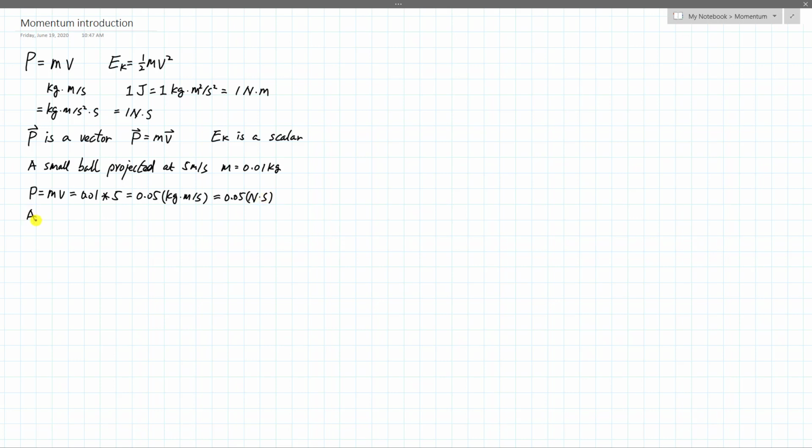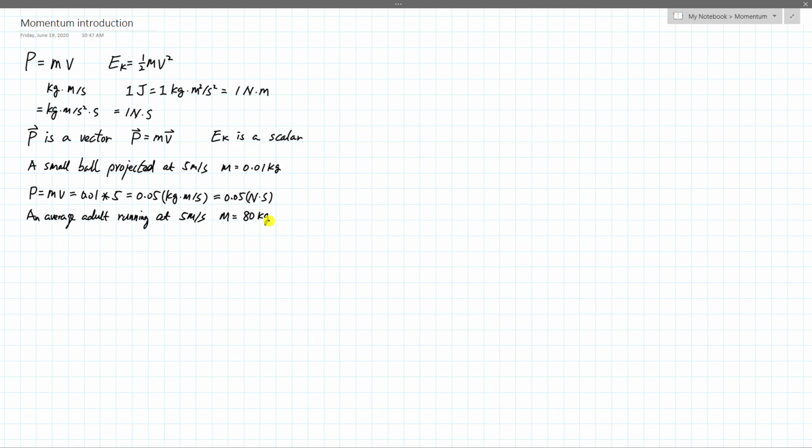Okay, so an average adult running, say at 5 meters per second. That's fast. And let's say an average adult, let's give 75. Oh, let's make it easy for ourselves, 80 kilograms, right?